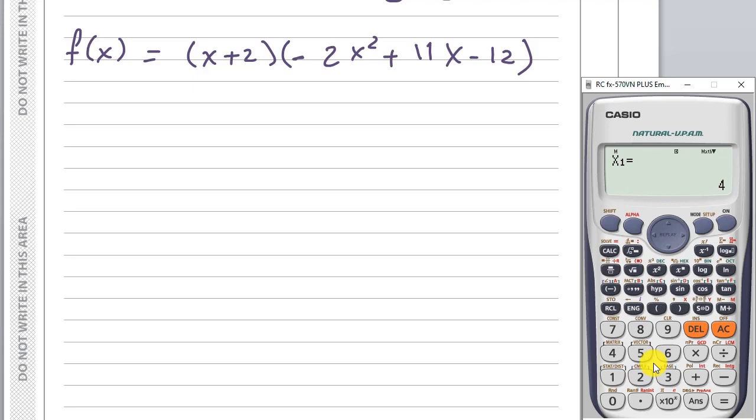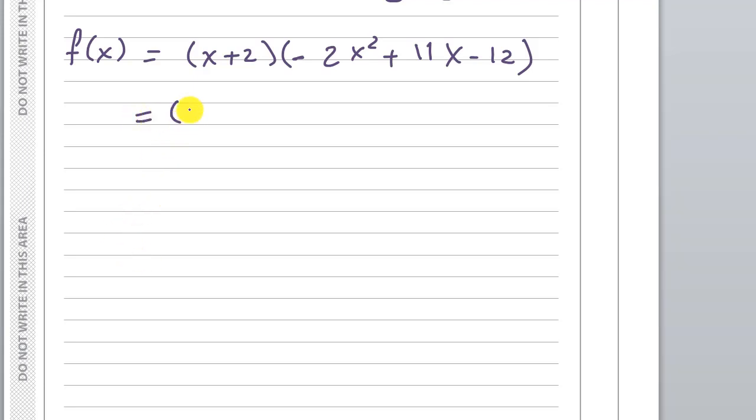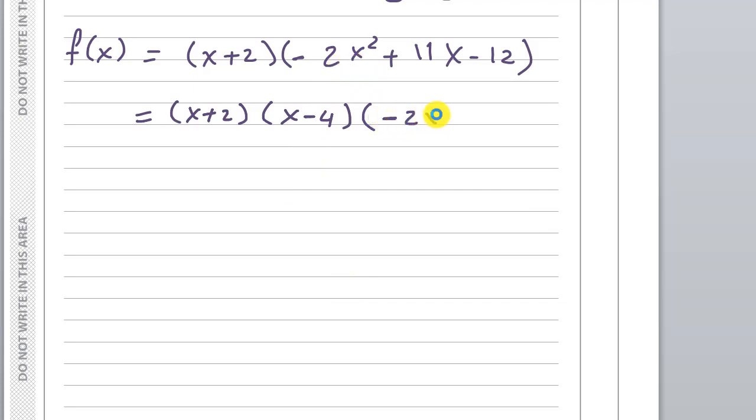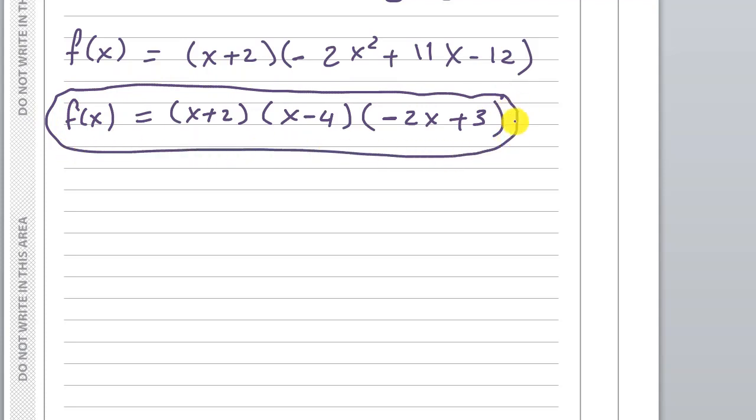So x equal to 1 and x equal to 8. This is the 3 parts of f of x. Okay, let us go ahead to another question.